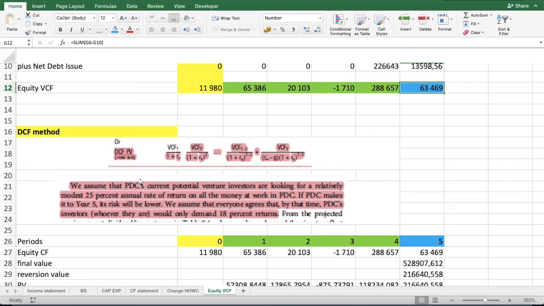Now, if PDC makes it to year 5, its risk would be lower. We assume that everyone agrees that by that time, PDC's investors, whoever they are, would only demand 18% return.